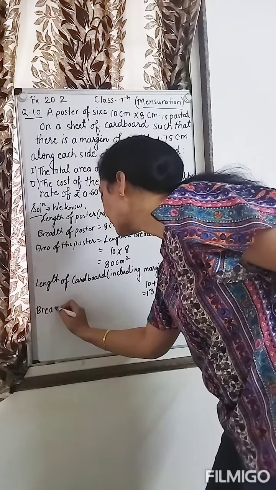So breadth of cardboard, again including margin, will be, here the breadth was 8 centimeter. So again we have to add 1.75 here, 1.75 here. 8 plus 1.75 plus 1.75.